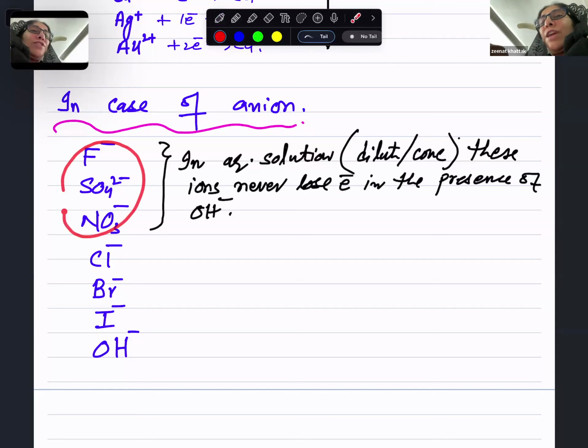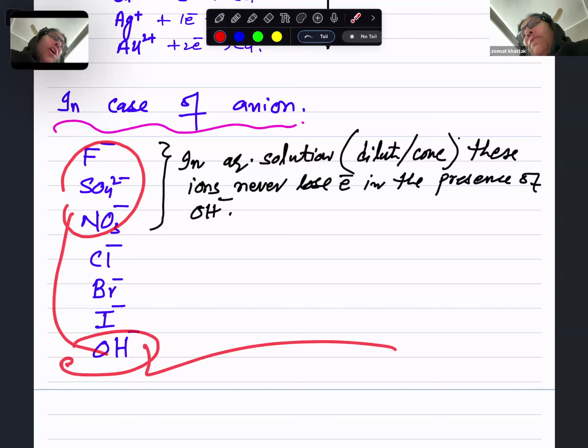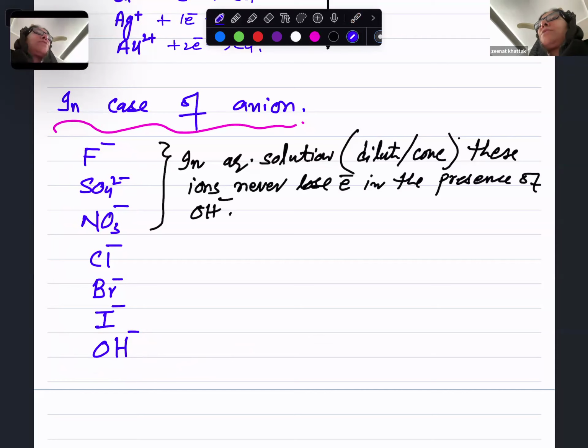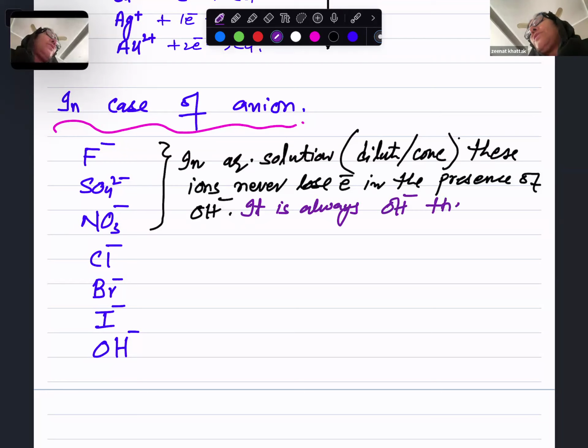If hydroxide is present, it is always hydroxide that loses electron. So these three never.